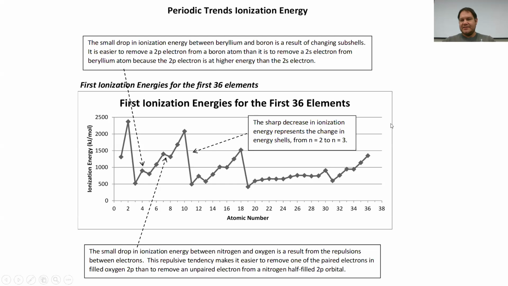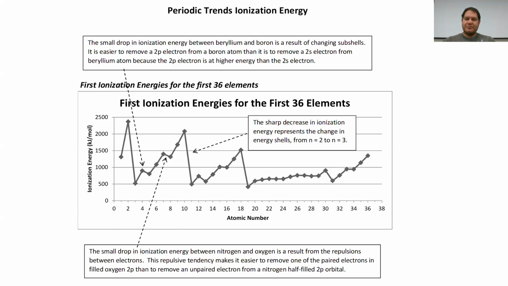Now, this data is actually quite interesting when you look at it on a graph. And you can learn a lot about the structure of the atom from the ionization data for these first ionizations.